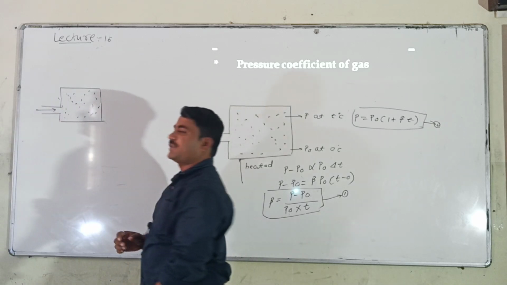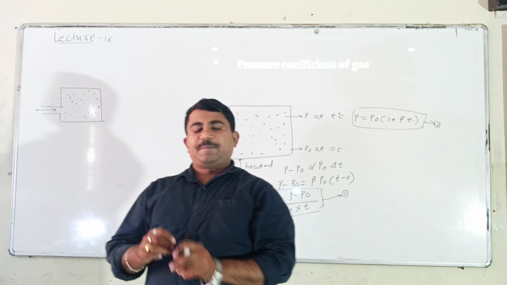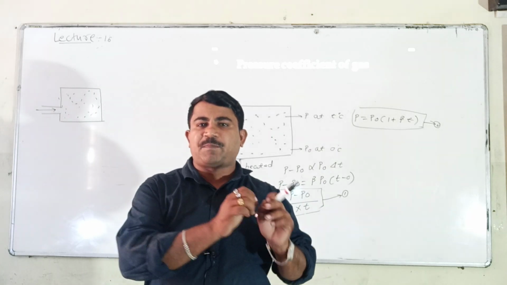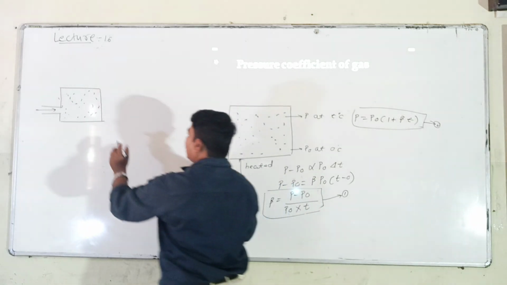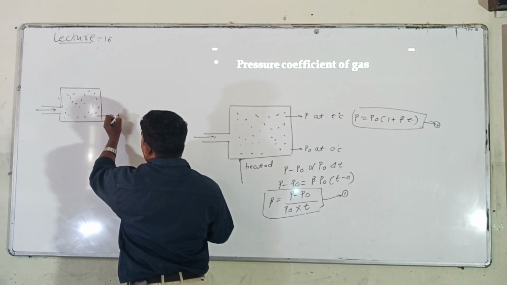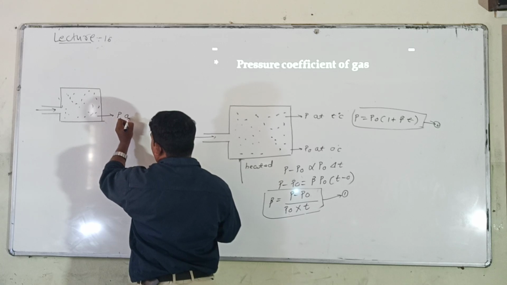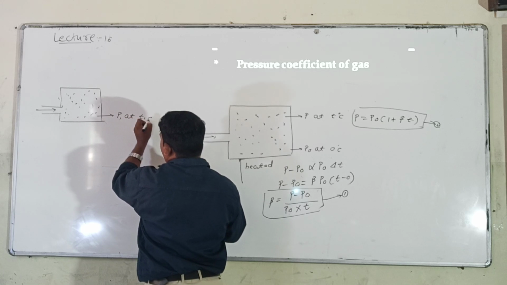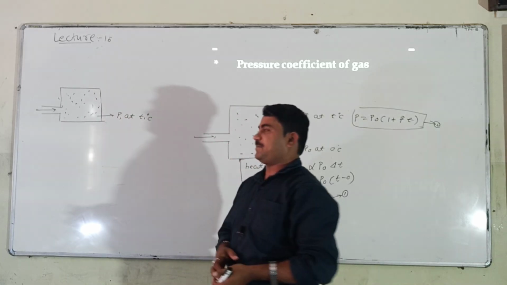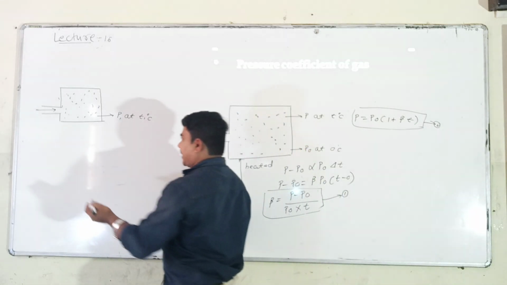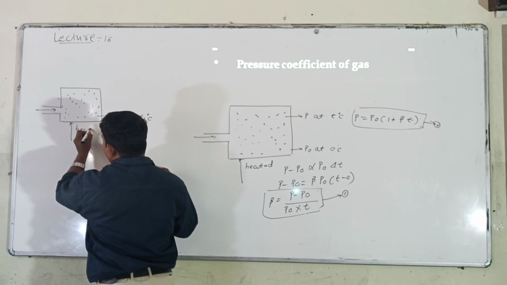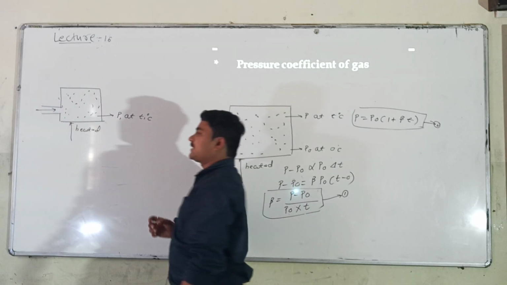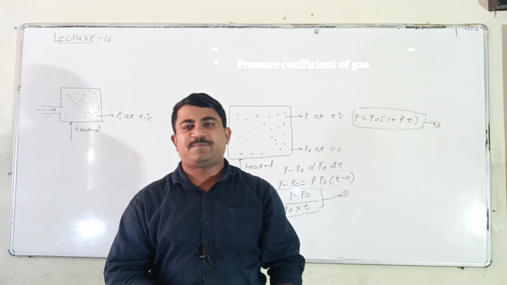Now the pressure of the gas is P1 atmosphere at a temperature T1 degree Celsius. This gas is heated under constant volume.